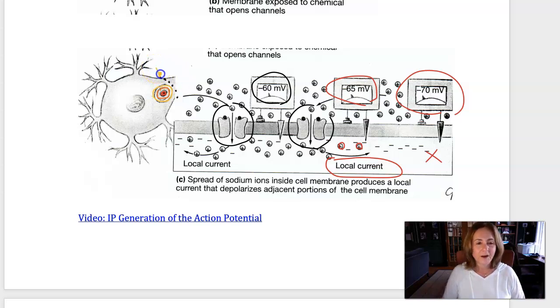But the question that we're asking is, will there be a depolarization that enters into where the voltage regulated sodium channels are located that's big enough to open those voltage gated sodium channels? If so, that stimulus was big enough to generate an action potential. If not, that graded potential, what the stimulus generated, just stops right there.